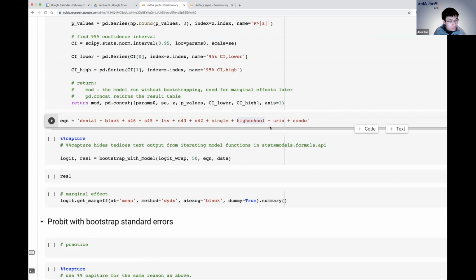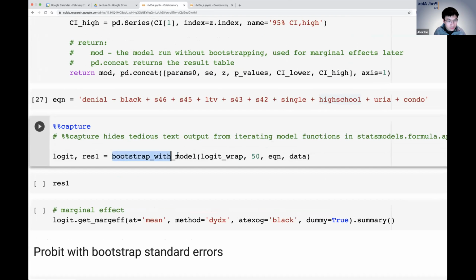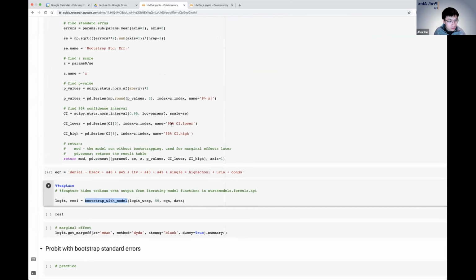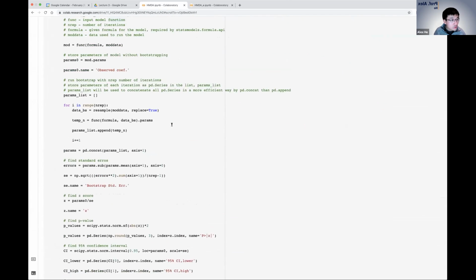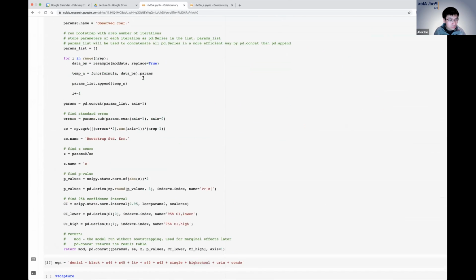And then we have our equation, which is the same as before. We can just apply this function, okay? Call it whatever name. So logit wrap, actually, we define it here to fit the logit model to the data.